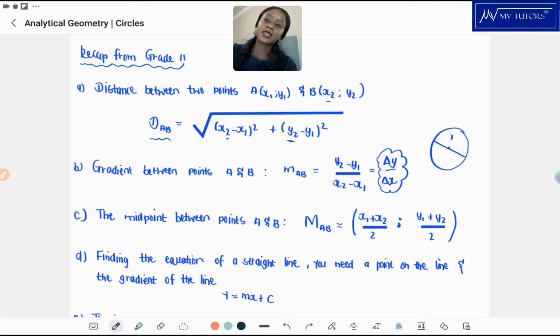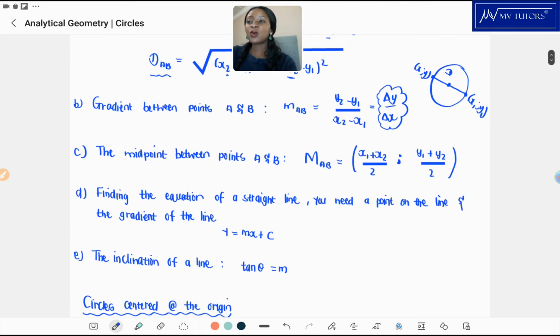If you wanted to get the midpoint of your diameter, depending on whether you have these coordinates, so if you have x and y here, and you have x and y there, you can definitely get what the center of your circle is if you have these points. You can use the midpoint formula basically to get the coordinates of your center.